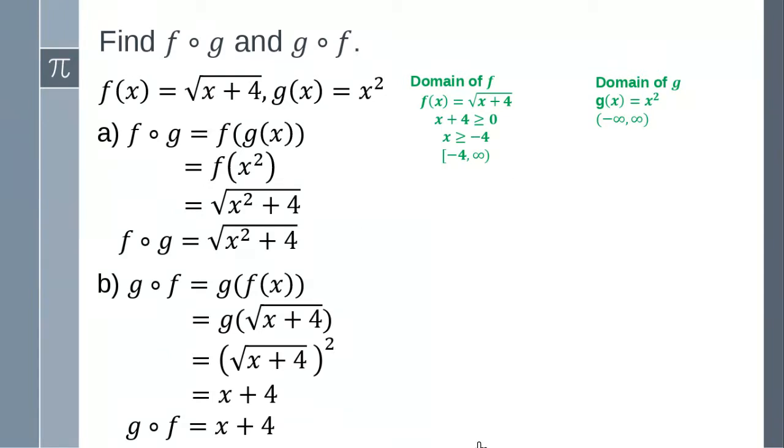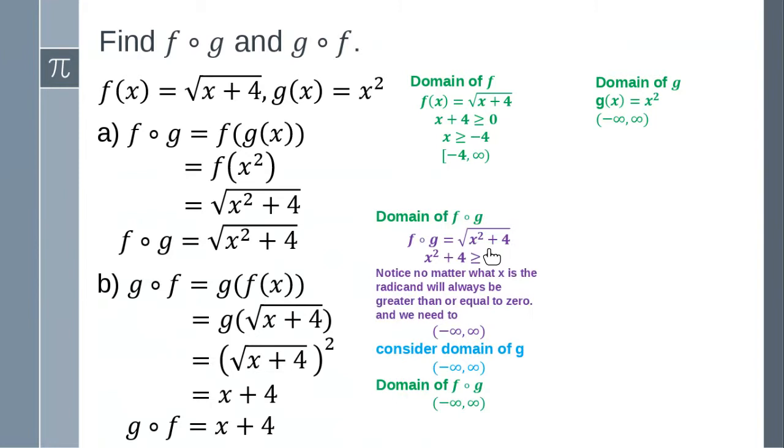Now the tricky part comes when they ask, what is the domain of your composition? So we'll look at A first. The domain of f of g is in 2 steps. First, you need to find the domain of your answer. So my answer here was the square root of x squared plus 4.